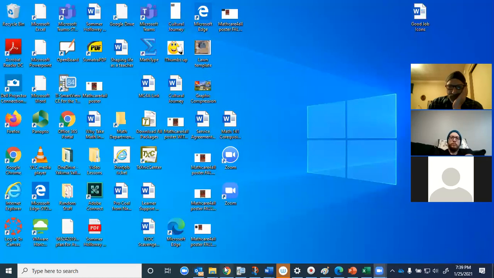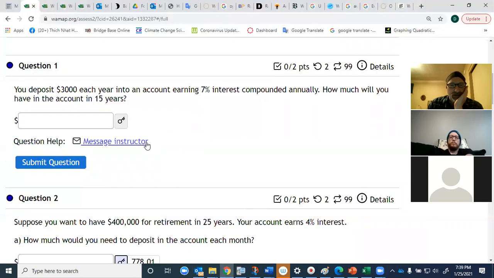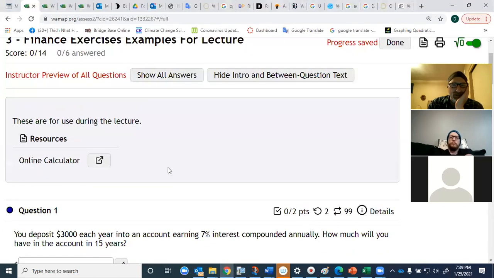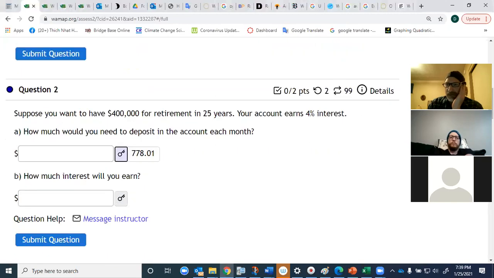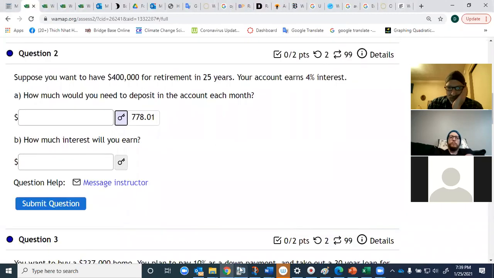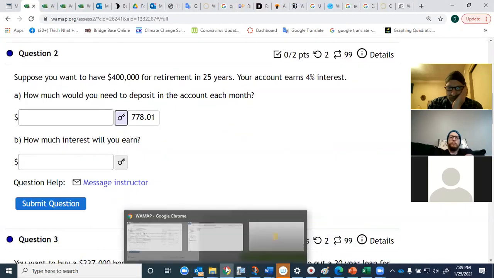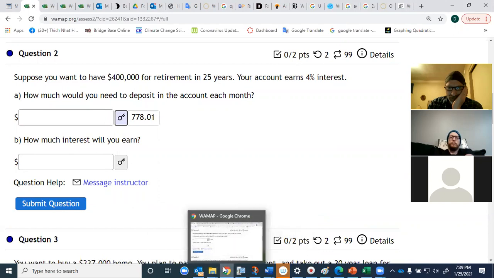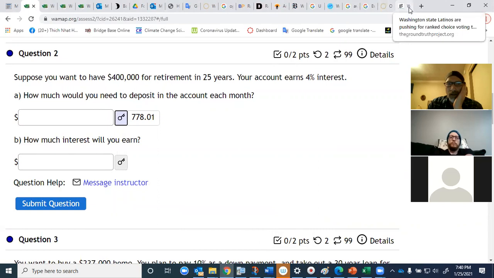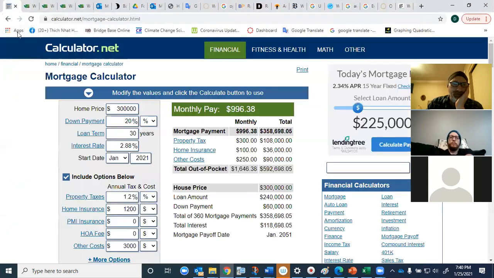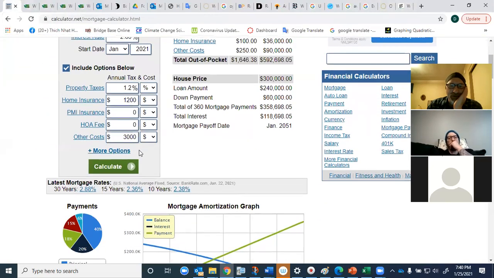No. It's not letting me open it, which means it must be already opened. But I don't know where it went. Oh, here it is. Come on. Nope. Well, I'll go over here. I know we have it here too. This is if you open it in a tab. I already have it in a tab.